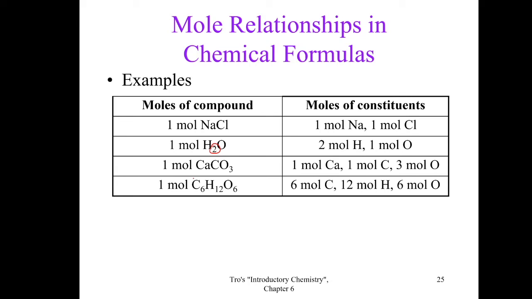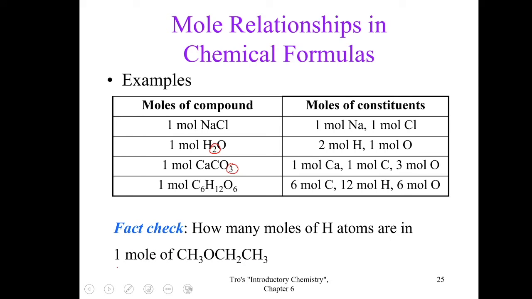If we have 1 mole of calcium carbonate, then we'd have 1 mole of calcium, 1 mole of carbon, and also 3 moles of oxygen. And then if we have 1 mole of glucose, we'd have 6 moles of carbon, 12 moles of hydrogen, and 6 moles of oxygen.